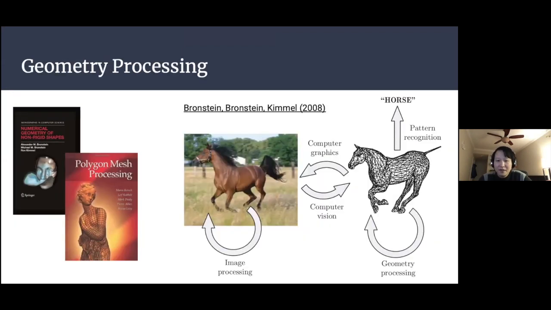The scientific field which studies this type of polygonal data set is known as geometry processing, and the data format we just saw is often known as a mesh. The field that studies three-dimensional objects is called geometry processing. An easy way to understand what people do in this field is to put it in a parallel track alongside image processing.